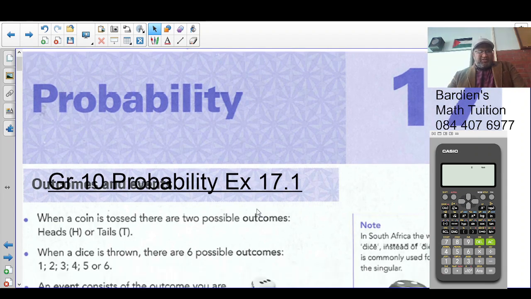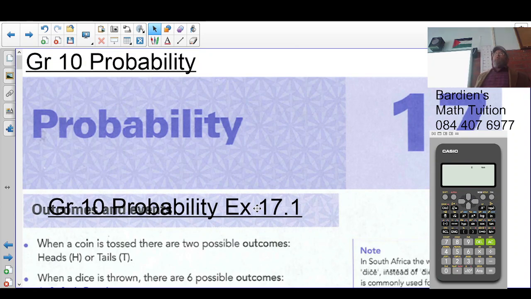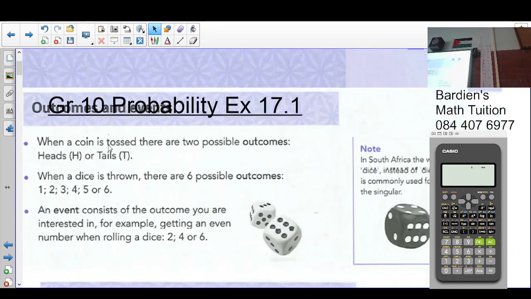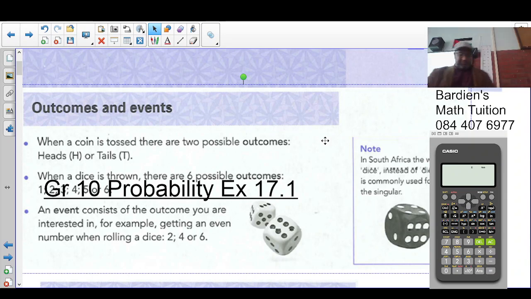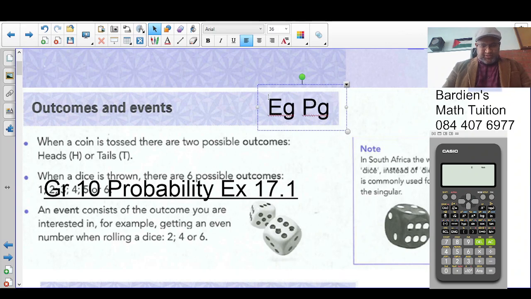So let's go. We've done probability before, in grade 8 and grade 9, so you are familiar with probability already. Just to refresh your memory of what probability is all about, we're going to name a couple of things here. We're reading from page 375, the examples on page 375.